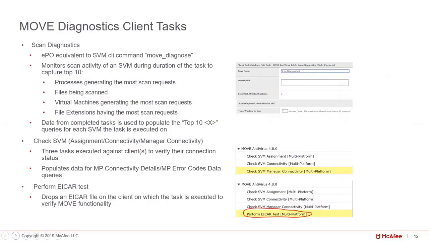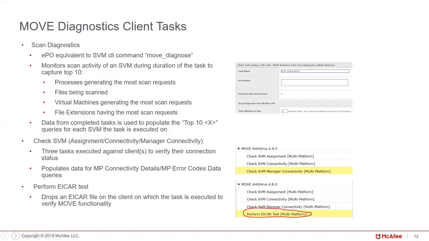It's roughly equivalent to running that CLI command on the SVM itself. It monitors scan activity for an SVM during the duration of the task that you configure. It captures the top 10 processes generating the most scan requests, files being scanned, virtual machines generating the most scan requests, and file extensions having the most scan requests.